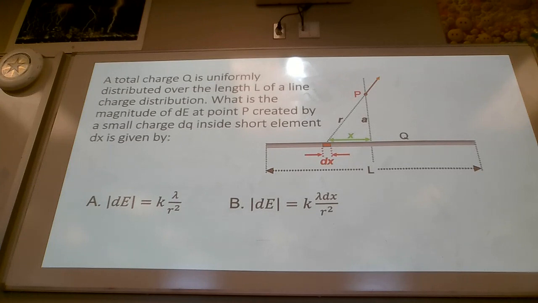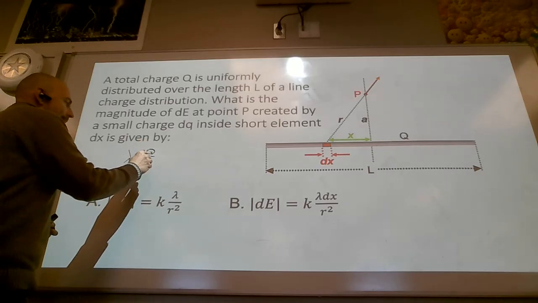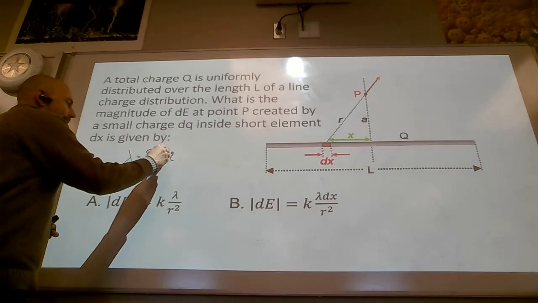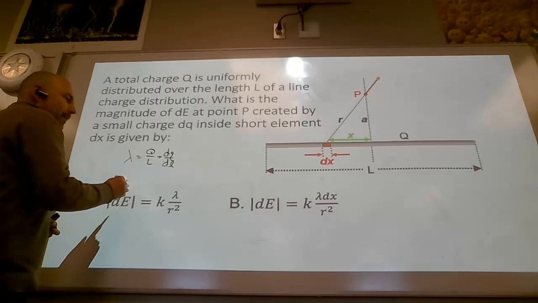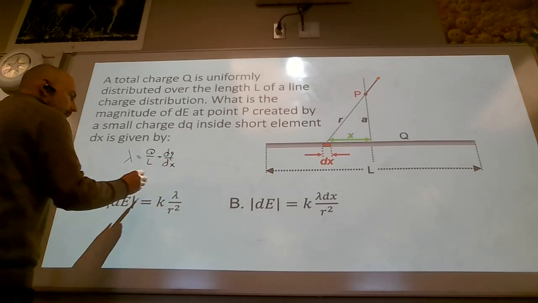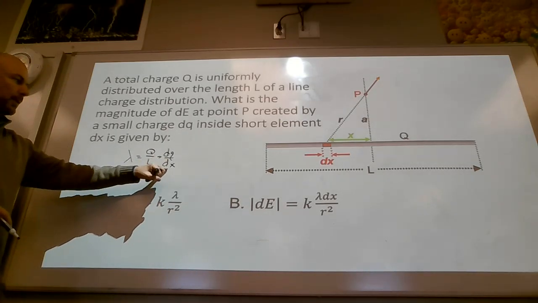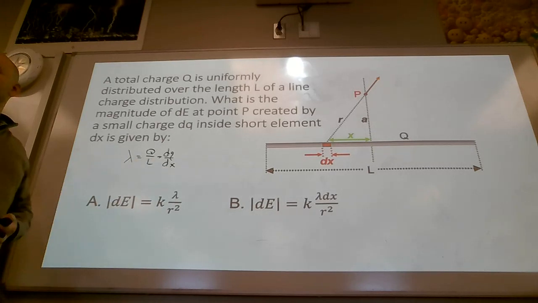Talk to your neighbor. There we go with B. I want to get dq equals lambda times dx.